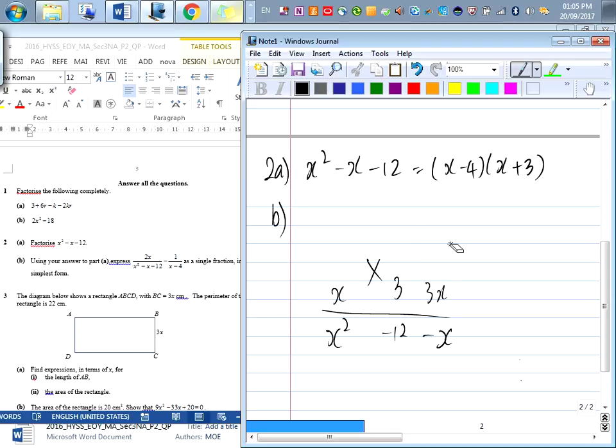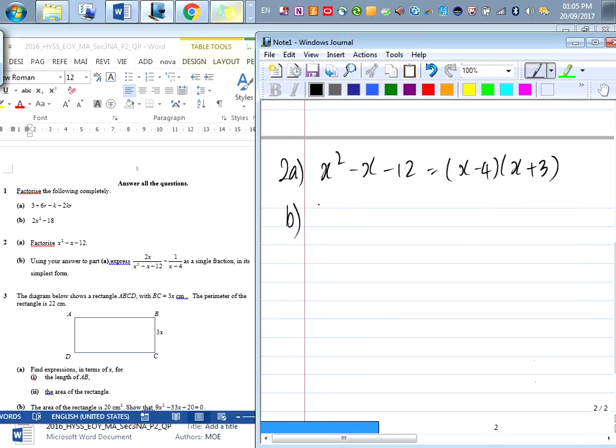Now for 2b. Express 2x over x squared minus x minus 12 minus 1 over x minus 4 as a single fraction. Now we have fraction minus fraction. What must the denominators be?